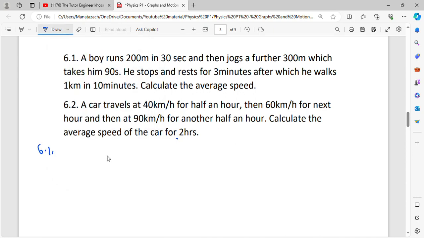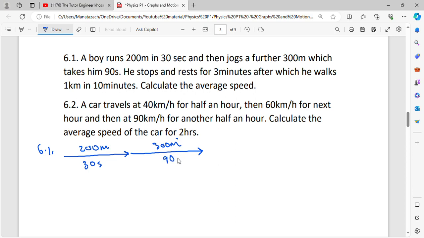6.1. Let's start by formulating the picture for ourselves. He runs 200 meters in 30 seconds, and then he jogs a further 300 meters.